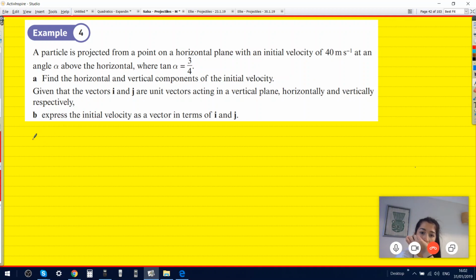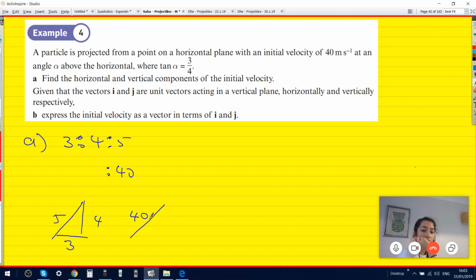If you write them as a ratio, it would be 3:4:5, where 5 is the hypotenuse. Now they tell us the magnitude is 40. So we have our triangle sketch 3, 4, 5, and in reality, they tell us that that's 40.